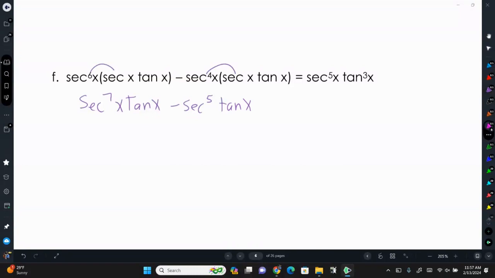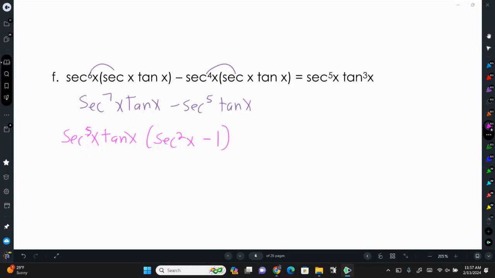So I'm going to factor out now a secant to the fifth power times tangent x. So I'm going to be left with, for the first term, secant squared x. And the second term, right, if I factor out secant to the fifth tangent x, all I'm going to be left with for the second term is 1.